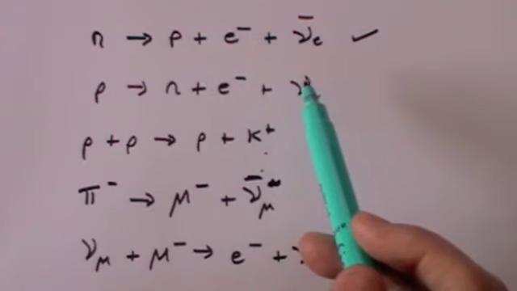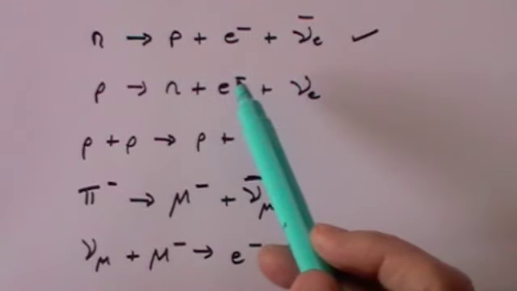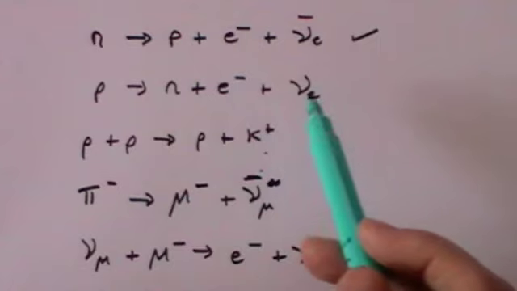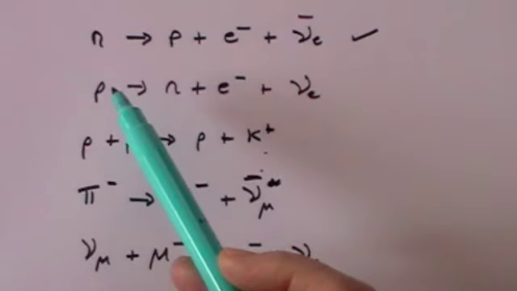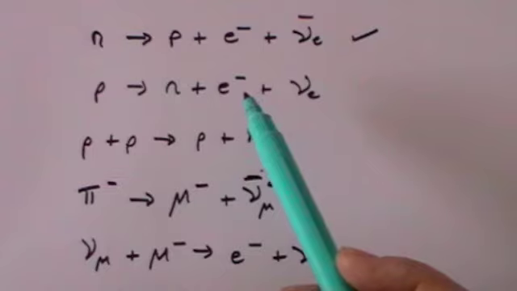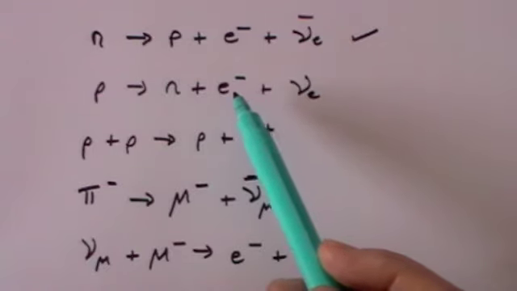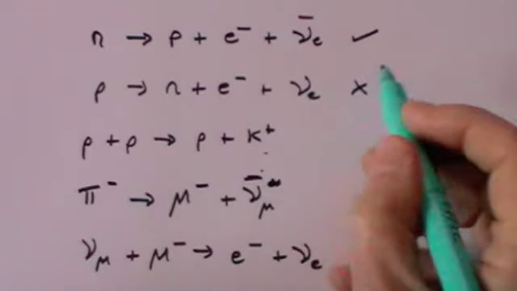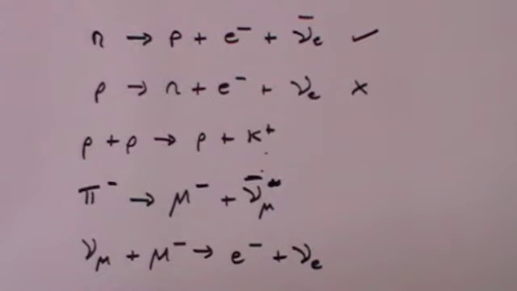So one of these should be an anti. Either you need a positron here or you need an anti-neutrino here. And then as far as charge is concerned, well, we've got a plus charge on this side and we've got a minus charge on this side. So again, even charge won't work.